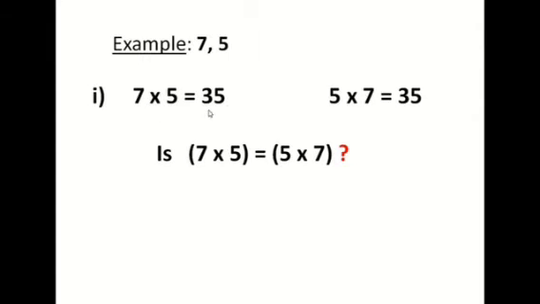When it is 7 into 5, the product is 35. When it is 5 into 7, the product is also 35. So if we look at the product, we will be able to answer. So yes, they are equal. Here we have interchanged the places of 7 and 5, but the product didn't change. Okay. So let's take one more example.